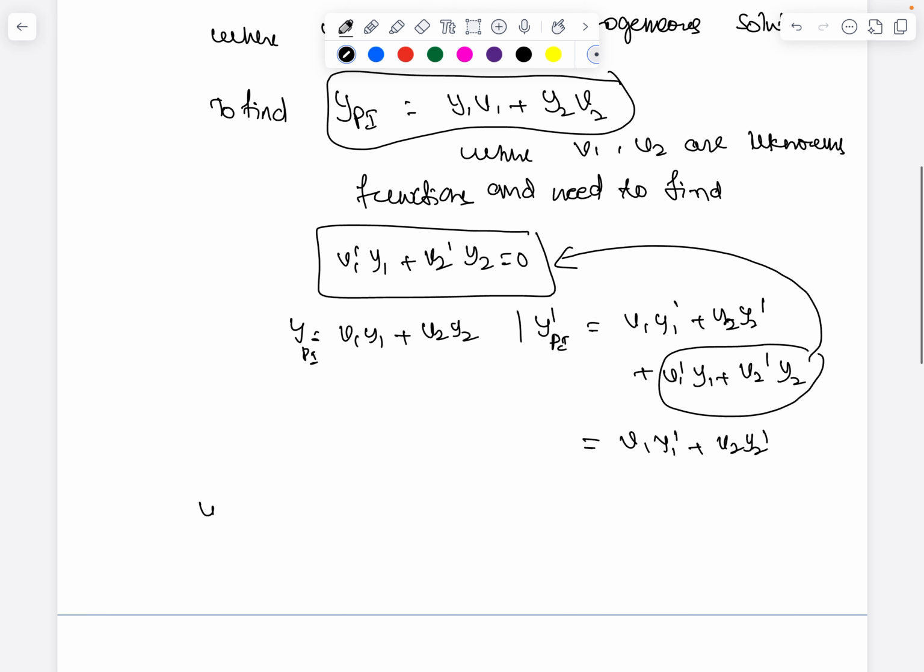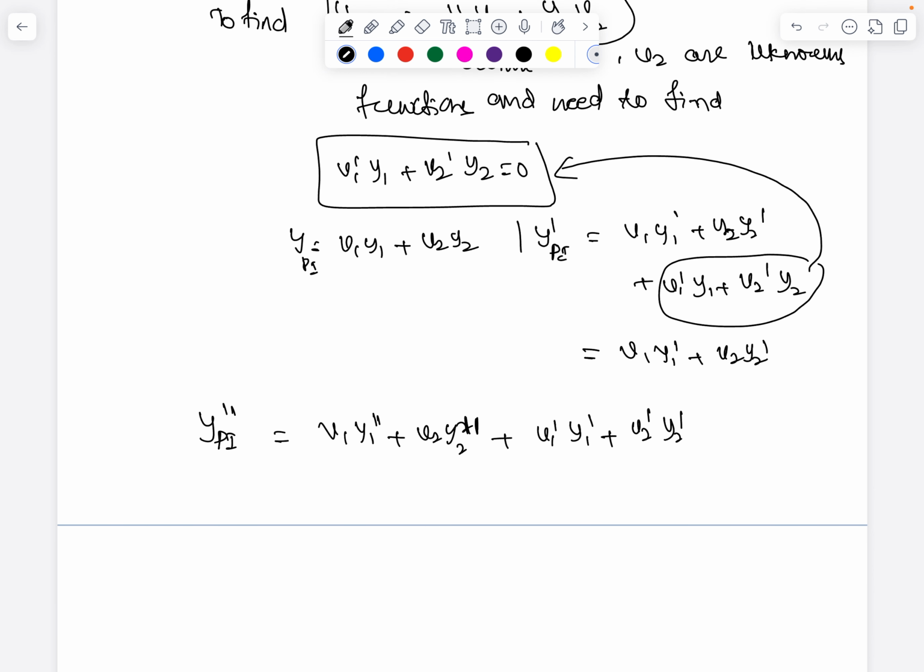And y p double prime, if we calculate, is v1 y1 double prime plus v2 y2 double prime plus v1 prime y1 prime plus v2 prime y2 prime.